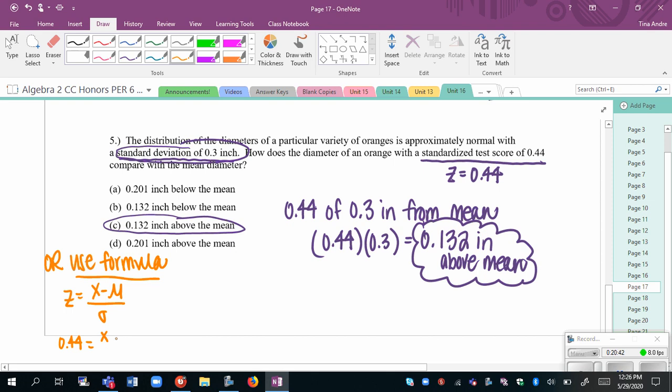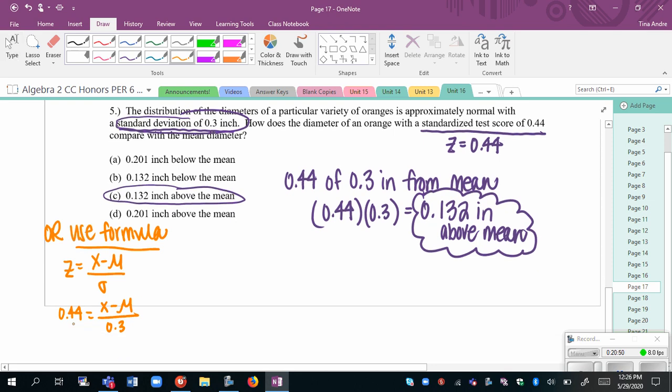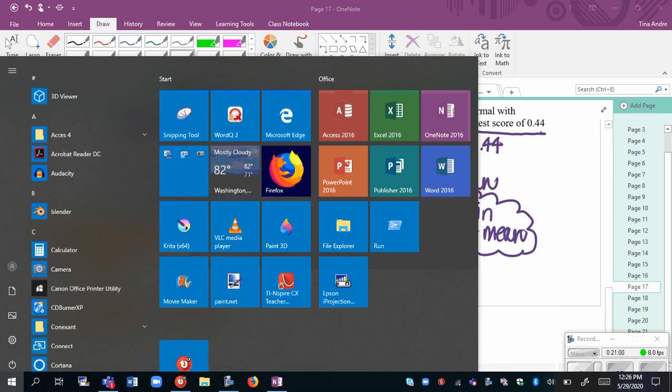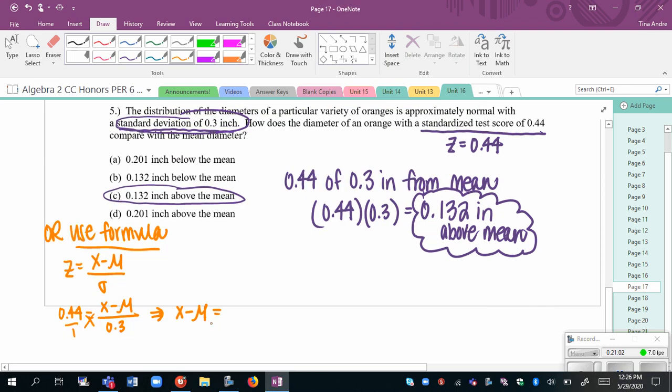I don't know the mean, so leaving that, but I do know my standard deviation is 0.3. And then if you go to solve this mathematically, put that over 1, cross multiply, we end up with x minus mu is equal to 0.44 times 0.3. So that's going to be the same thing as 0.132.